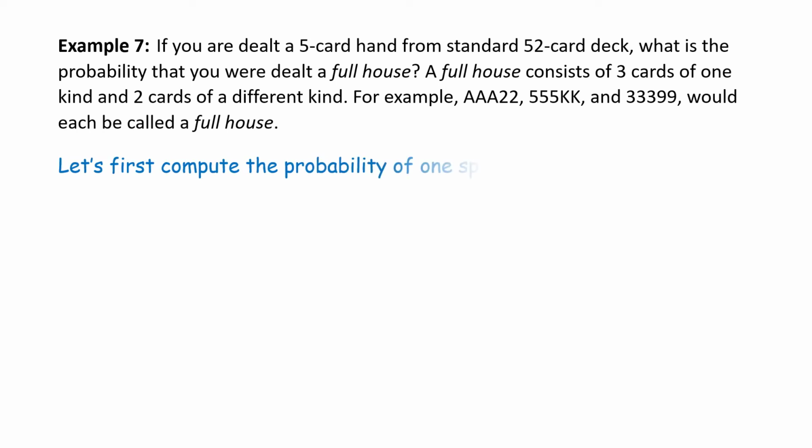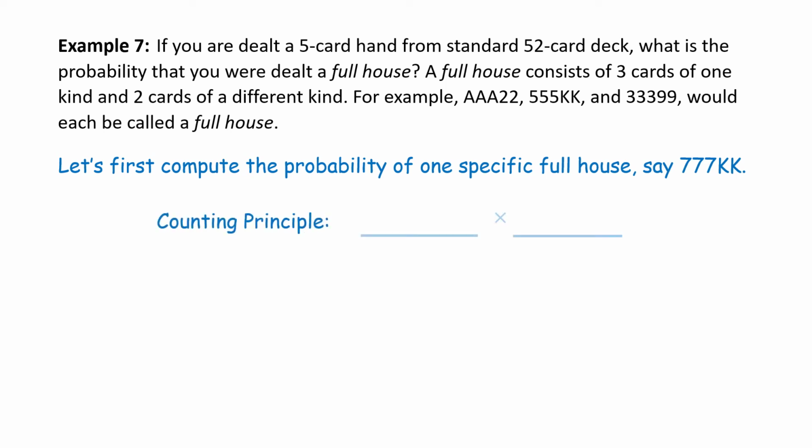We're going to begin this problem by first computing the probability of one specific full house, say 777 KK. This requires us to use the counting principle. We need to determine the number of ways to get 3 of a kind, in this instance, 3 sevens, followed by 2 of a kind, or 2 kings.